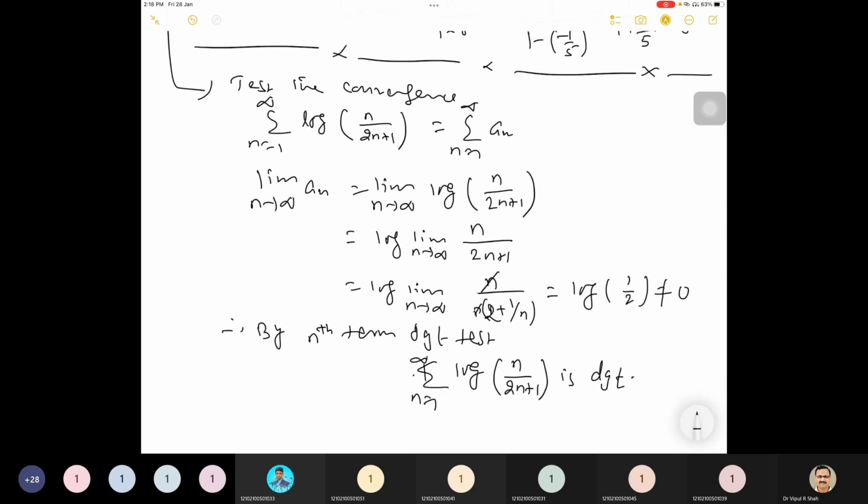So then next you are having is nothing but the integral test. There is one concept that is called the integral test.